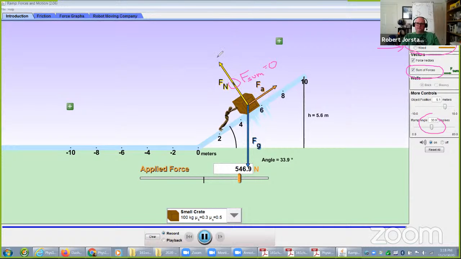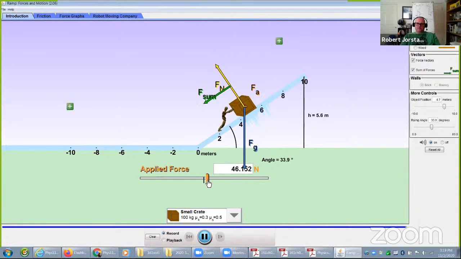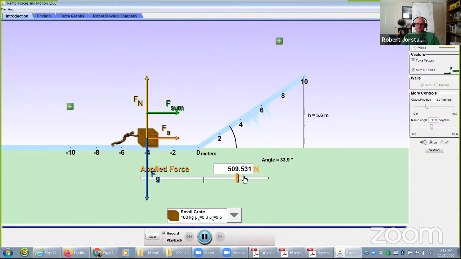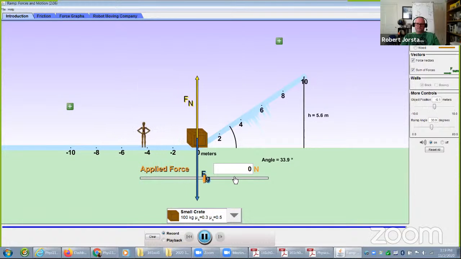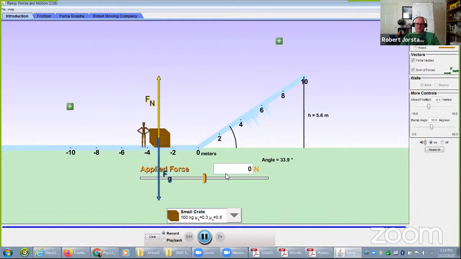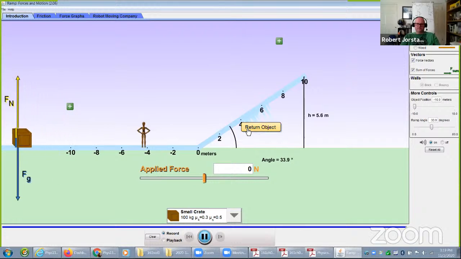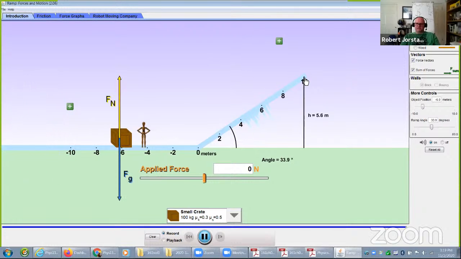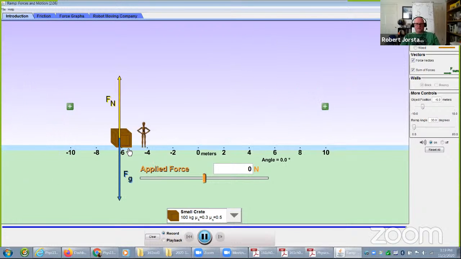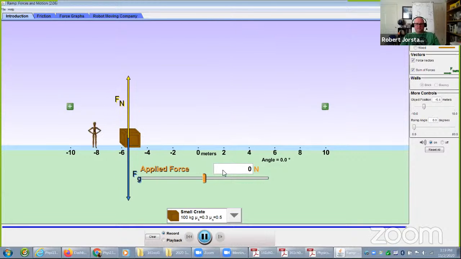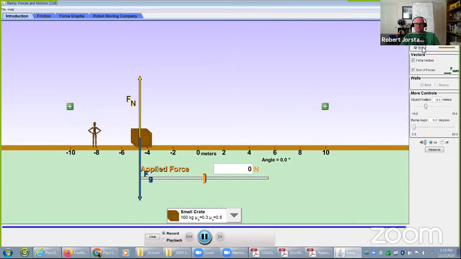All right. So the idea here is, let's go down to 0. Let's start out with the flat. Okay. So in this case, let's put this on one. Okay. So now I have this ready.